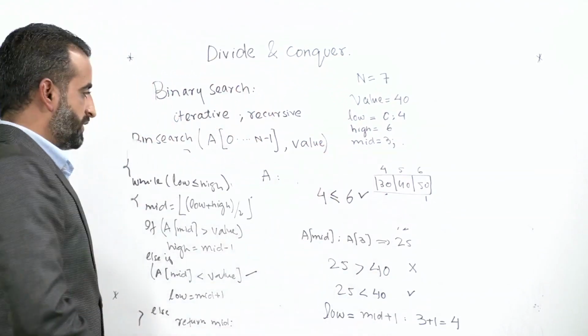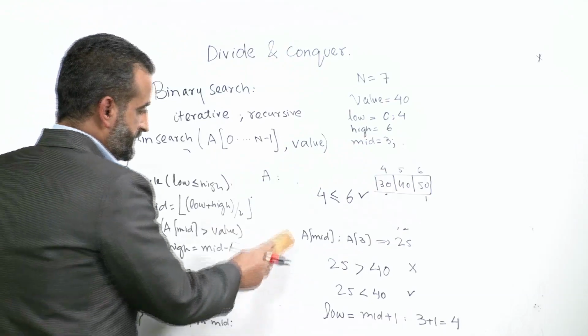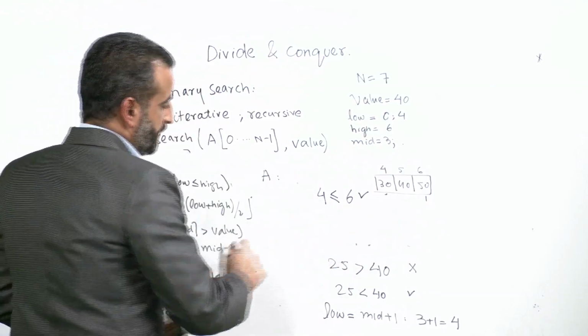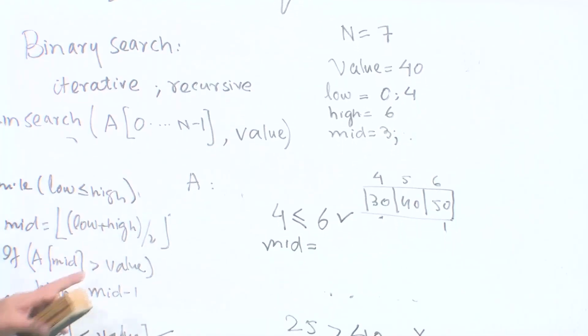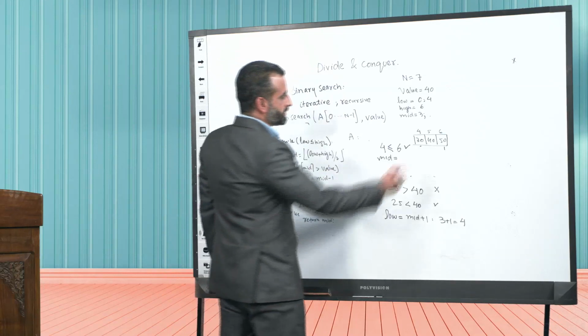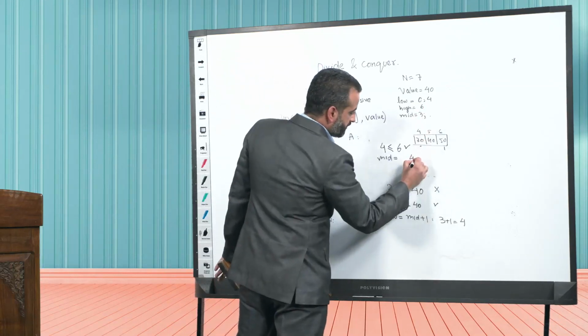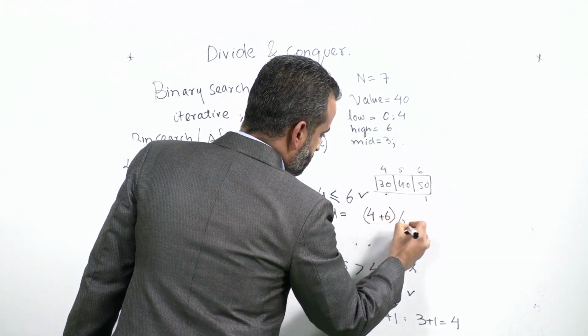That's true, so we will go inside the loop and compute the new value of mid. Mid will be current low plus current high divided by 2. Current low is 4 plus current high is 6, and I will simply divide it by 2.